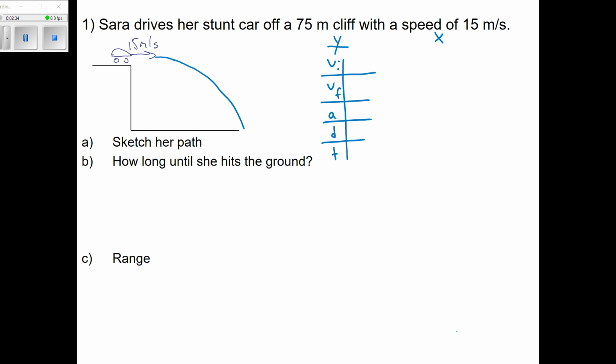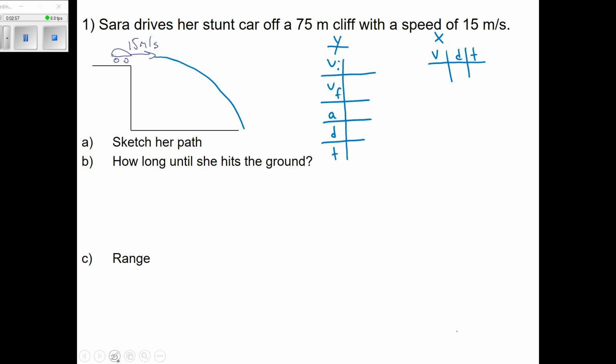Like I mentioned, the x velocity is constant. So with these first two values, the initial and final velocity are the same. The acceleration is 0, so we could simplify the chart in the x direction to v, d, and t. Now we could plug in what we need to.